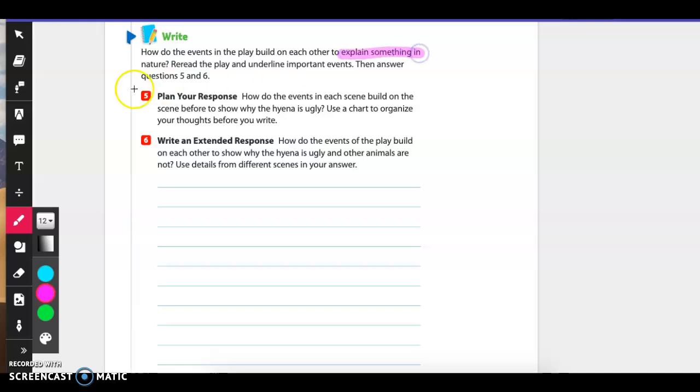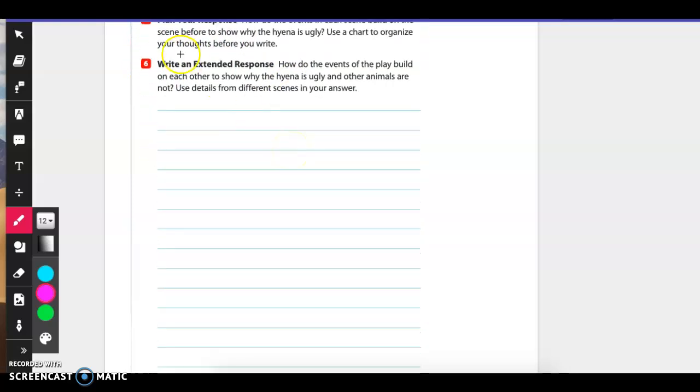So your answer should definitely help to prove an explanation of nature. This is where you will write your short, extended response. How do the events of the play build on each other to show why the hyena is ugly and the other animals are not ugly? Use details from different scenes to answer your question.